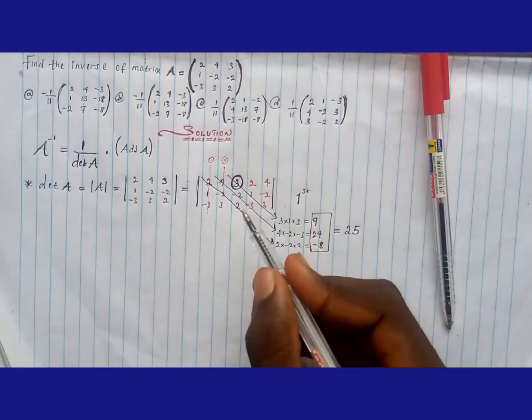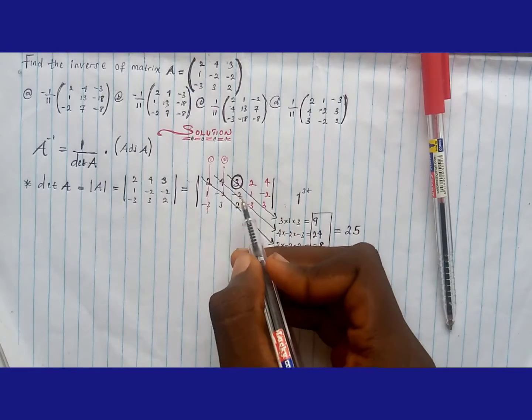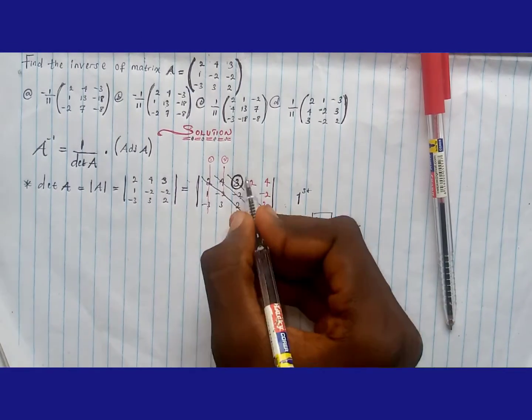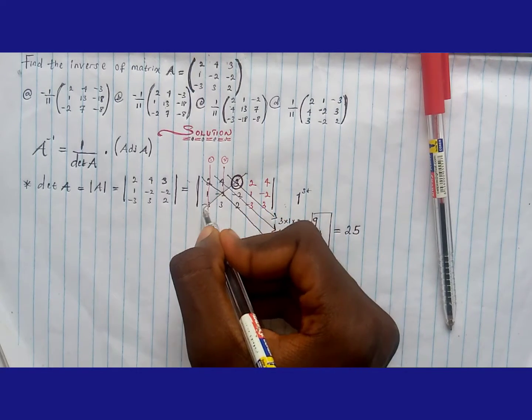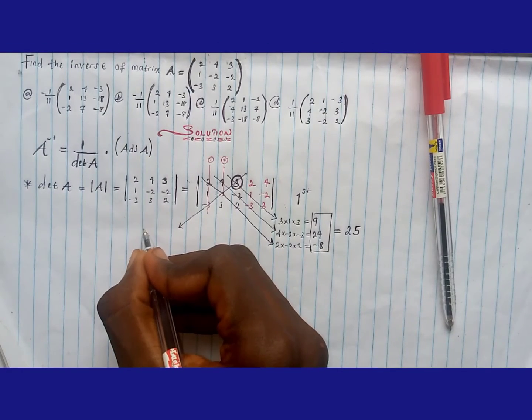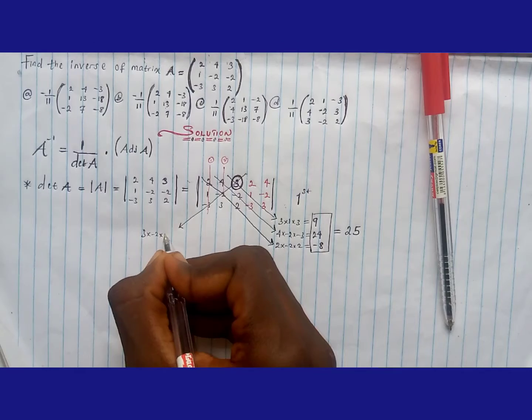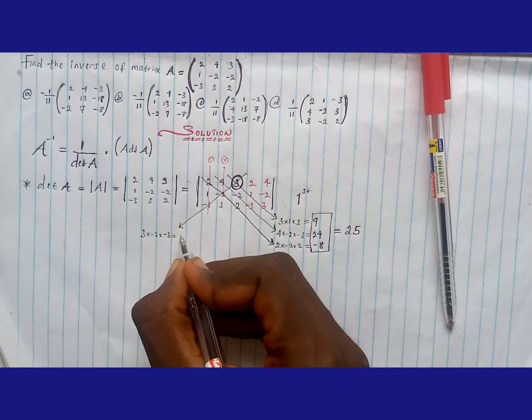Now the next thing to do is the operation from right to left, going towards this direction. If I multiply, I have 3 times minus 2 times minus 3. 3 times 2 is 6, 6 times 3 is 18, so positive 18.